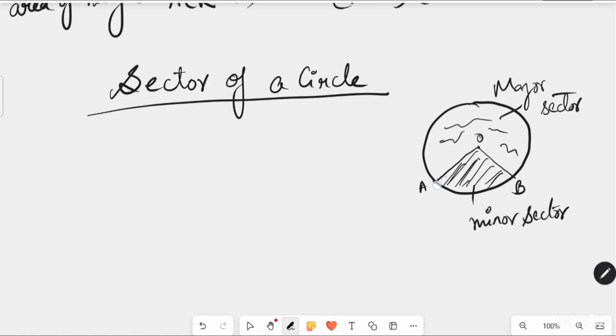This is a circle, and the region enclosed by two radii is a sector. This is minor sector and this is major sector. The sum of the areas of major and minor sector of a circle is equal to the area of the circle.